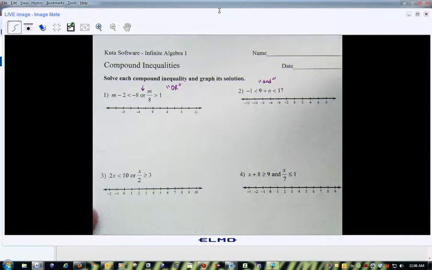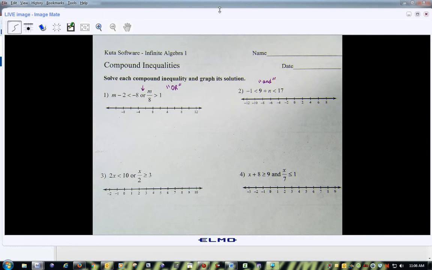And that's going to make a big difference when we get to our value. Now, to solve this, you solve them just like you would any type of inequality or equation. Now, remember, if we divide or multiply by a negative number, what do we do to the inequalities? You flip them. So we got to keep that in mind.